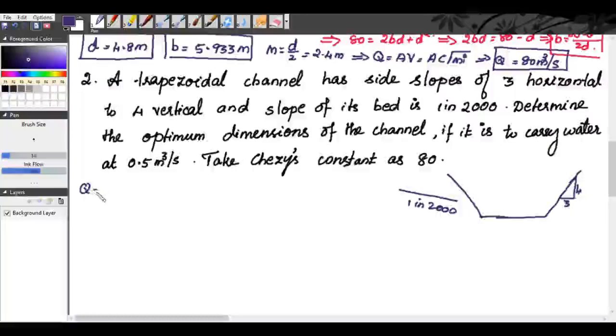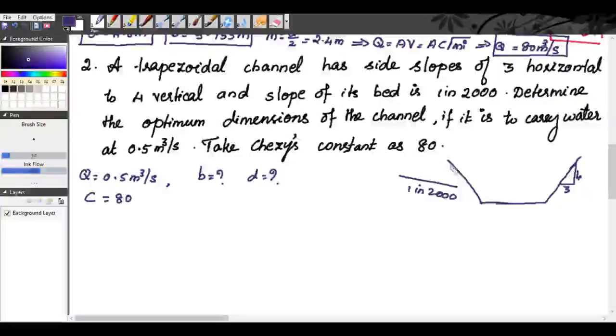So Q is given as 0.5 meter cube per second. We need to find the optimum dimensions. That is, what is B and what is D. Also, Chezy's constant C is given as 80.